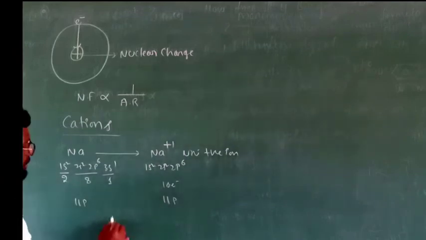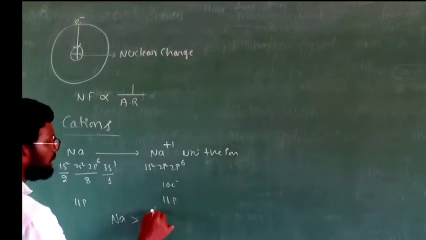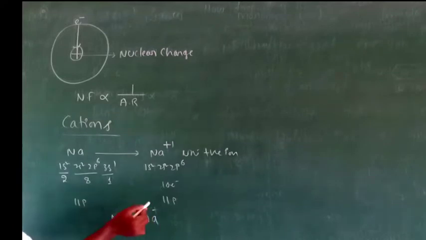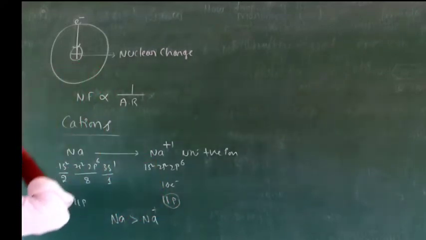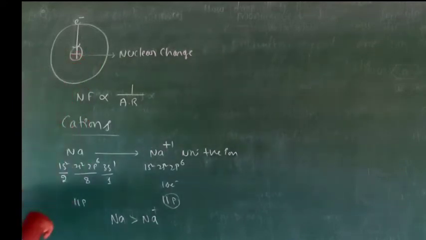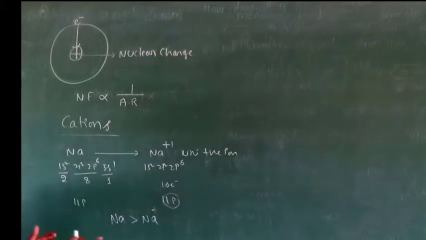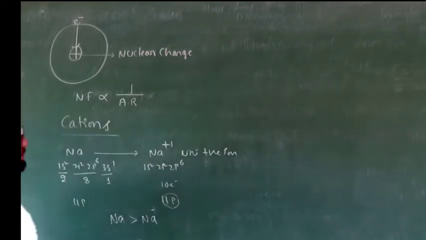The size of the sodium neutral atom will be greater than the sodium cation because it has more protons. When the protons become more than electrons, nuclear charge increases. When nuclear charge increases, electrons get attracted by the nucleus. Ultimately the size of the ion gets reduced. Okay, understood?